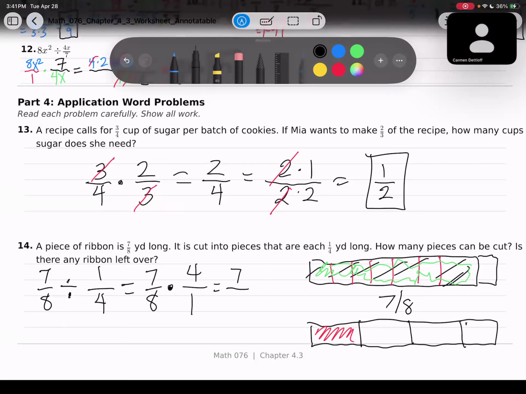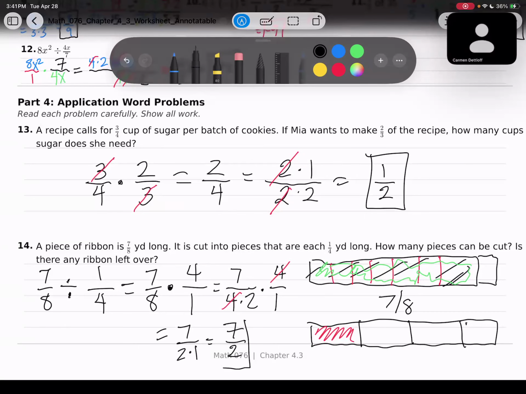Does 8 break down at all? 7 does not. 8 is 4 times 2 times 4 over 1. And my 4's cancel. So I'm left with 7 over 2 times 1, or 7 over 2.